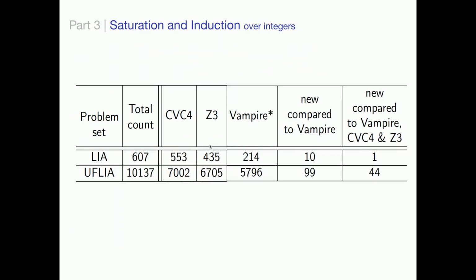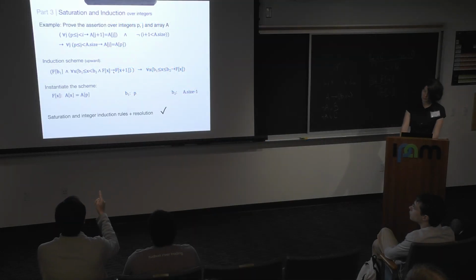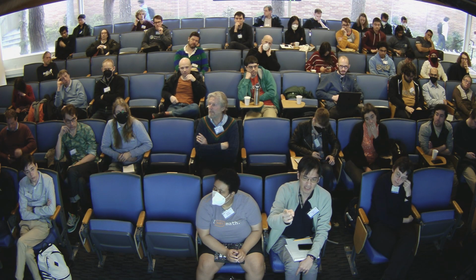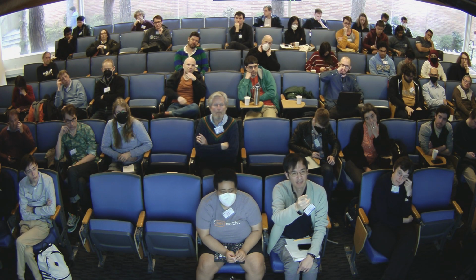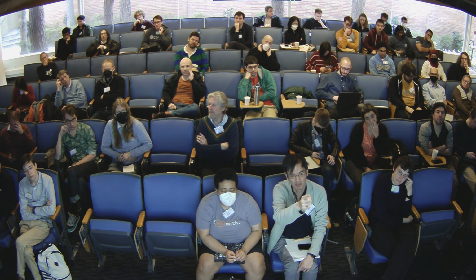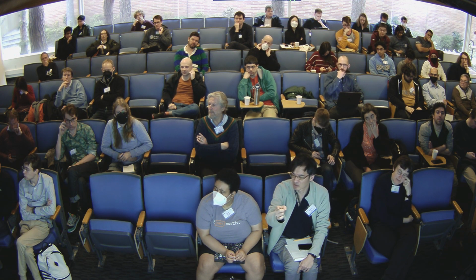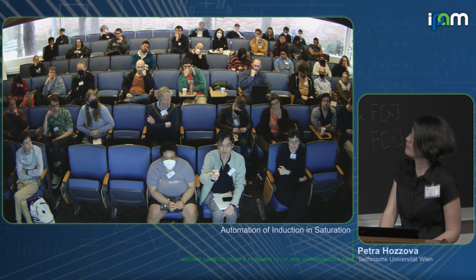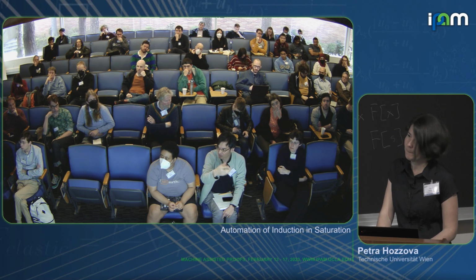Yeah. So actually, could you go back one slide? This one. So Vampire knew to apply the scheme with B2 equal to A size minus 1 because you had in your goal that J was less than A size. So that's one of the facts that I guess in your language X was less than B2 is already in the previous.